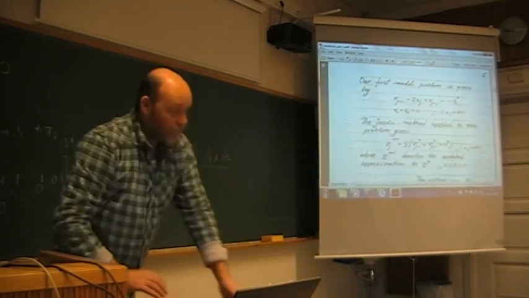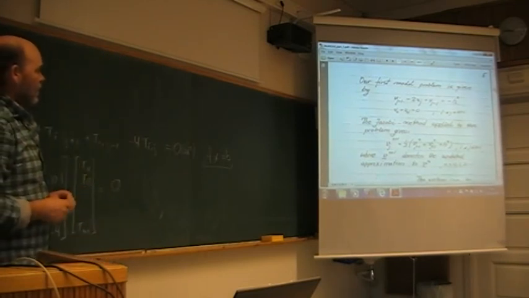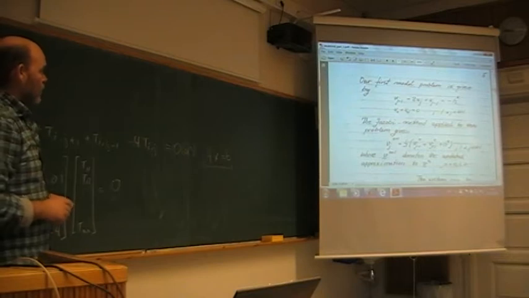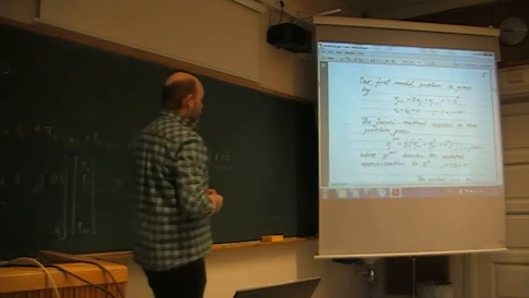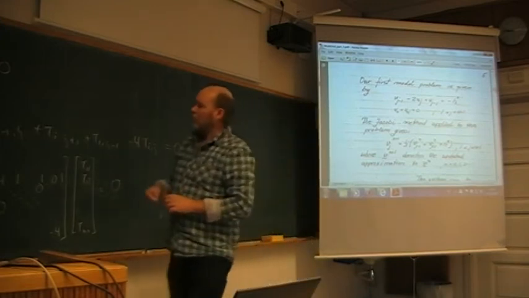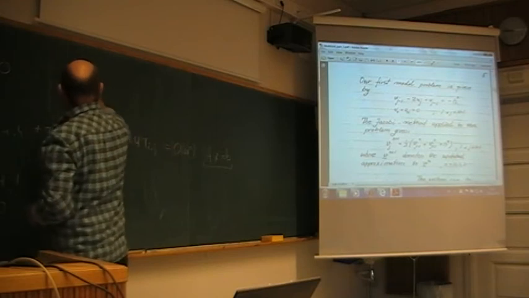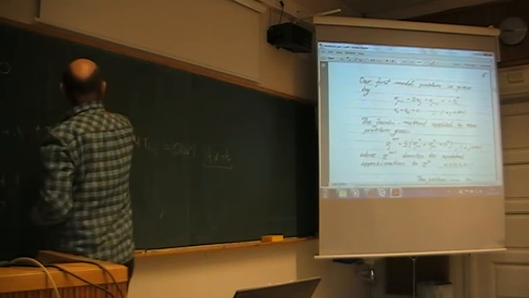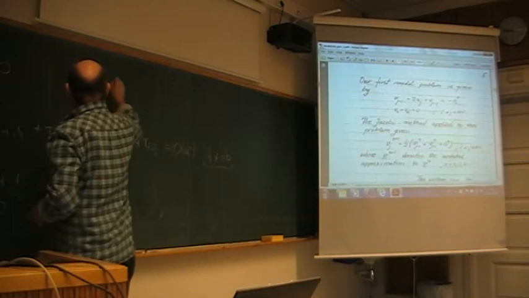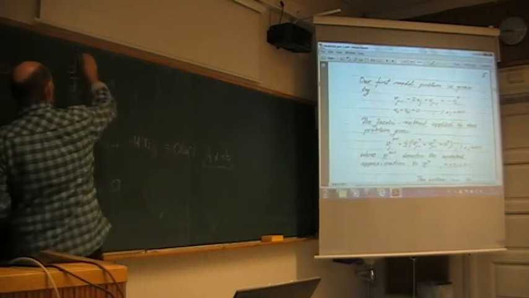So here, just a test case, a model problem, and that one you should be able to recognize. It's a one-dimensional equation. So you have the double derivative of u with respect to y equal to -1.